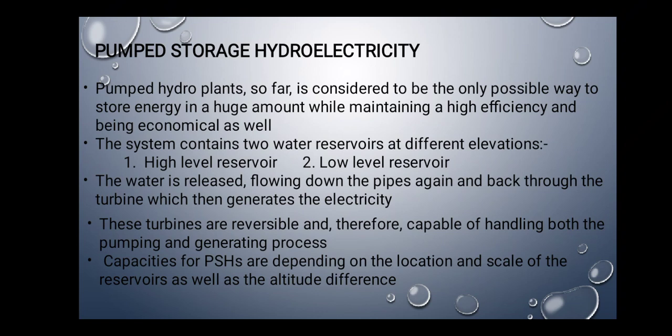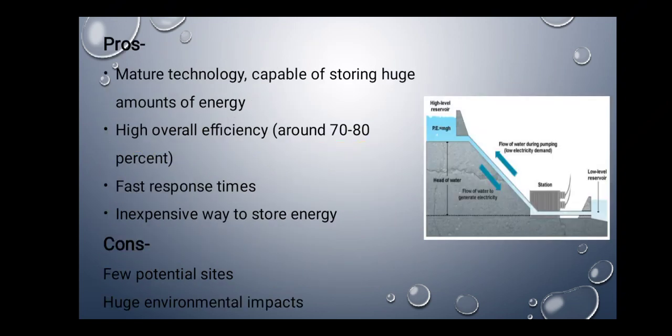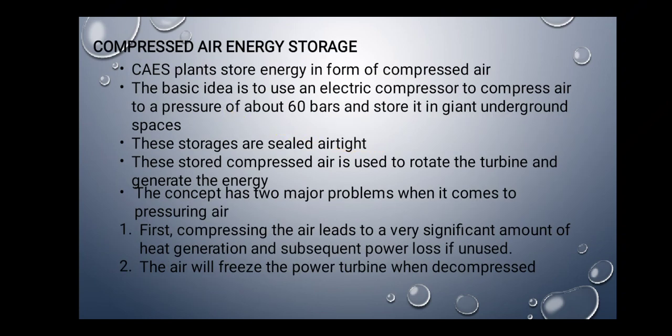These turbines are reversible and therefore capable of handling both pumping and generating processes. Capacities for PSH depend on the location and scale of the reservoirs as well as the altitude difference. Advantages: mature technology capable of storing huge amounts of energy, high overall efficiency, fast response times, inexpensive way to store energy. Disadvantages: few potential sites, huge environmental impact.